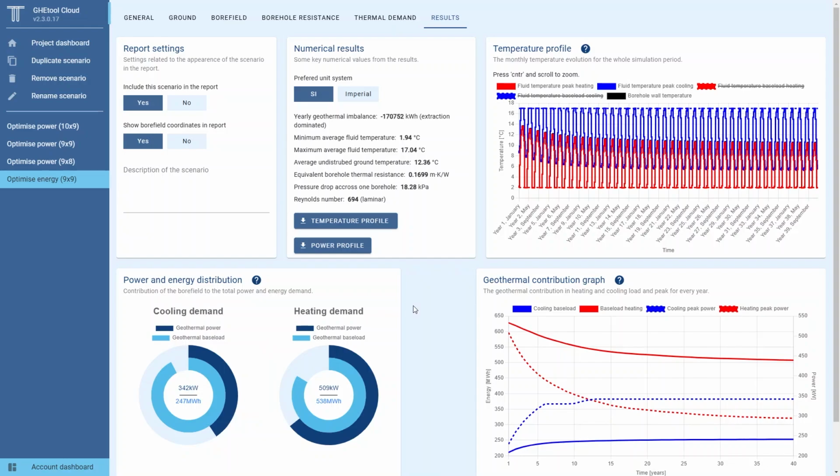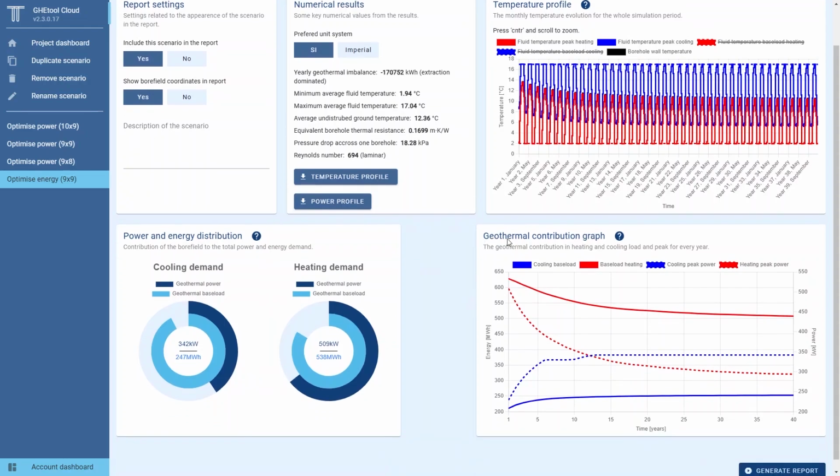But first, I would like to draw the attention to the geothermal distribution graph, which is perhaps something new for you. So since we optimize for energy, and as you can see in the figure below, every year we can extract a different amount of heat and cold from the ground.